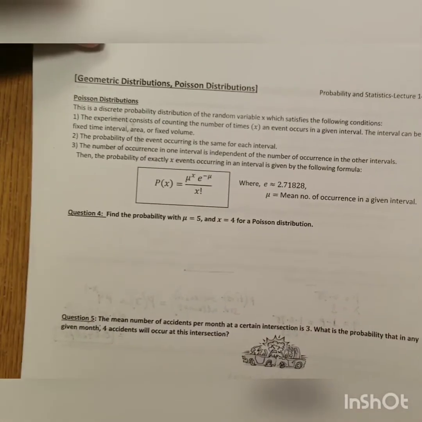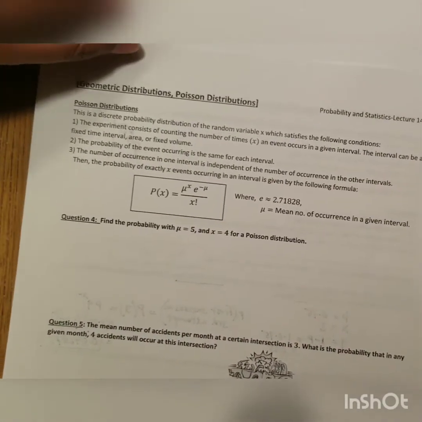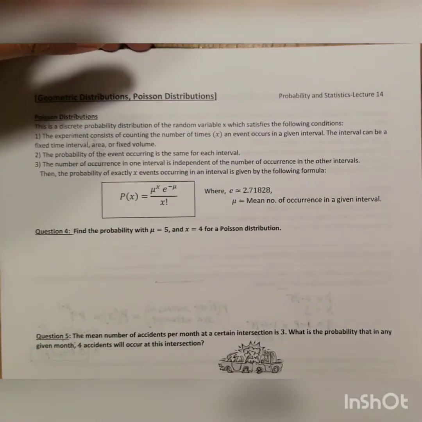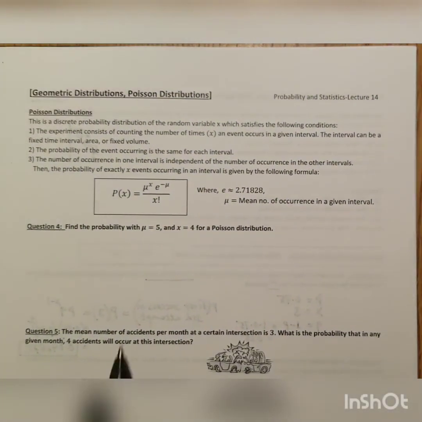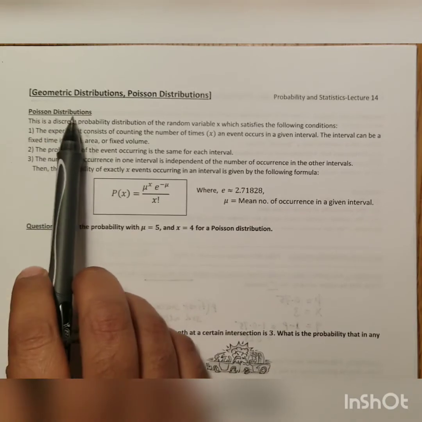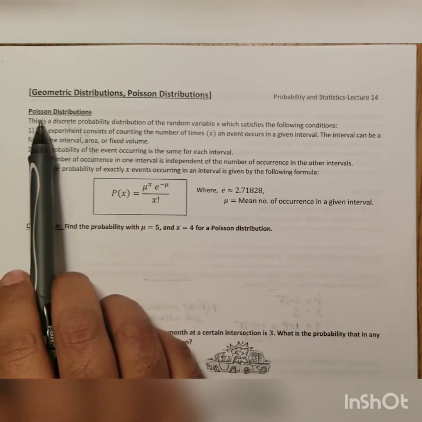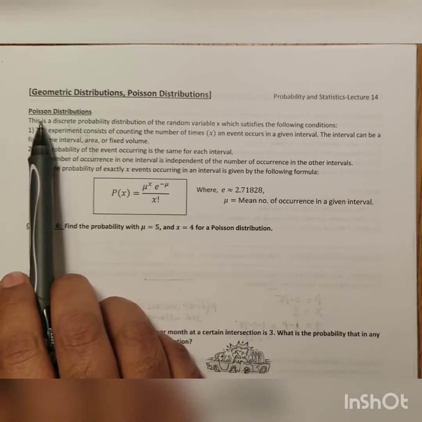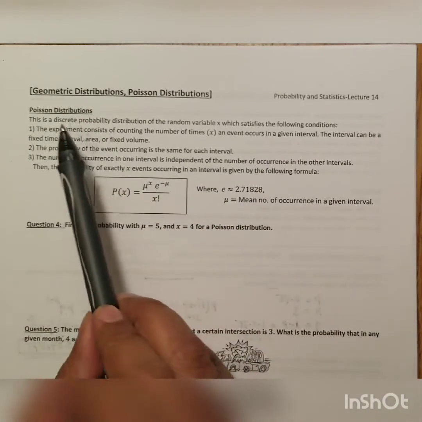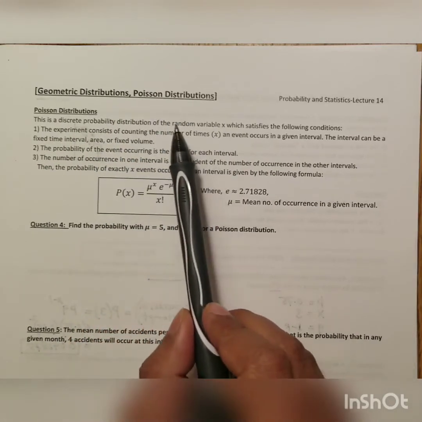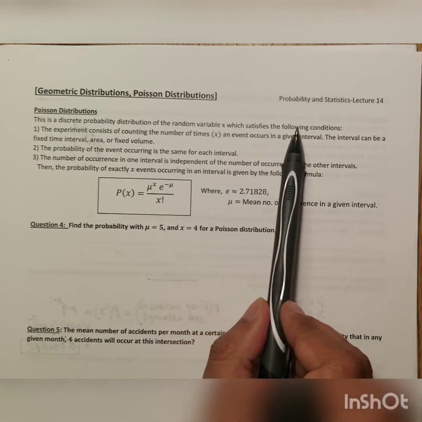Okay, so the next page is about the Poisson distribution. This is a discrete probability distribution of the random variable which satisfies the following conditions.